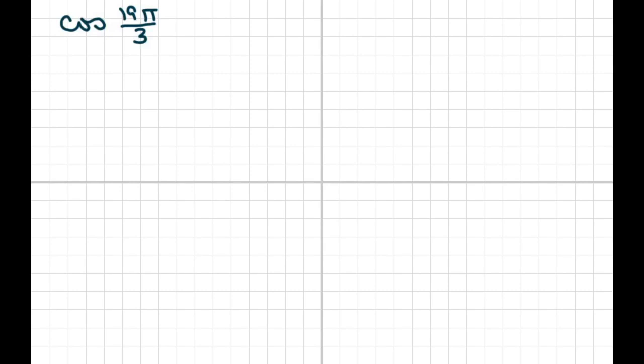Now this one, we have cosine of 19 pi over 3. Cosine equals adjacent over hypotenuse, which is the same as x over r. Now, pi over 3 equals 60 degrees. So basically we have 19 of these.